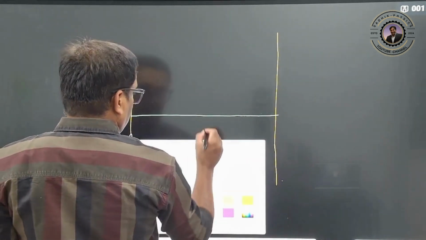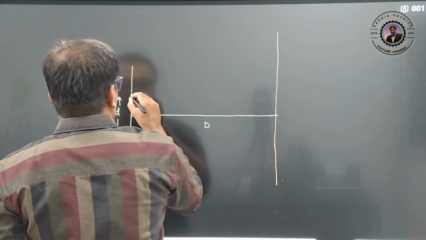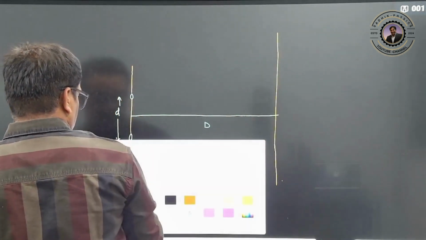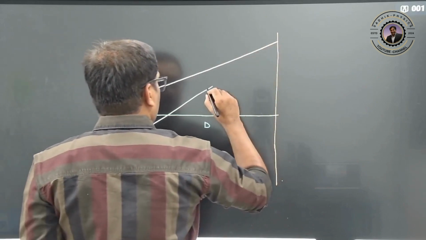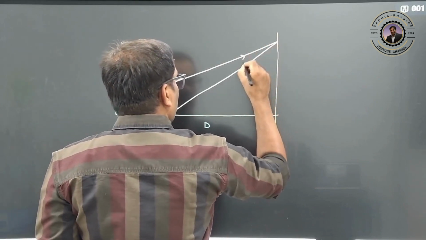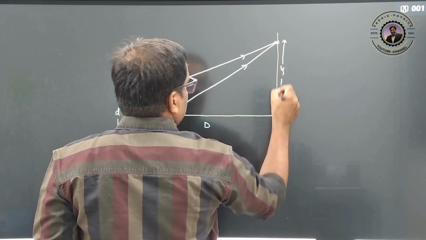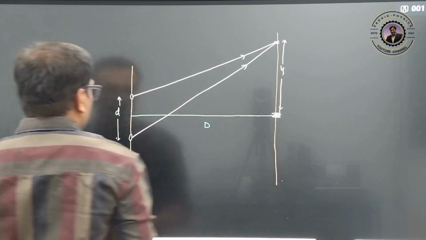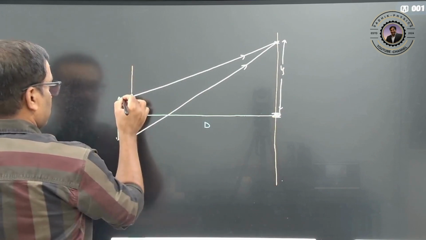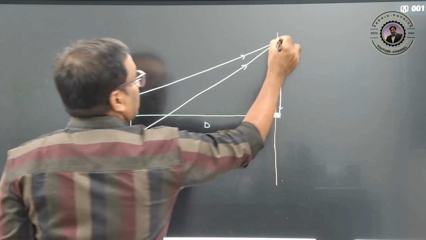So this is your capital D. Now we will calculate at some point. This point we want to calculate, this distance is y from the central bright fringe. Suppose this is your S1 and this is S2. This is point P.